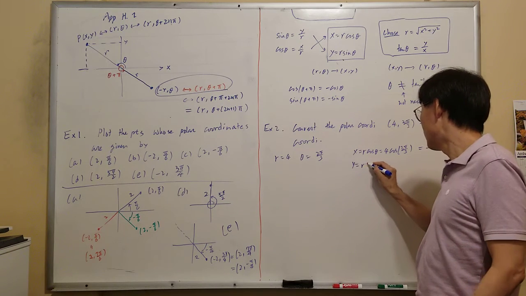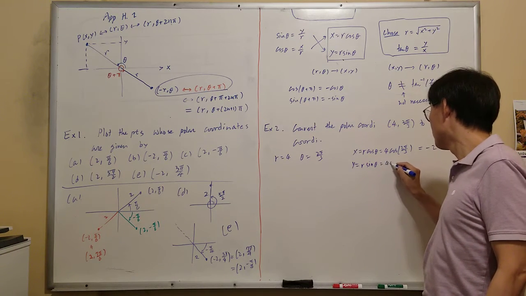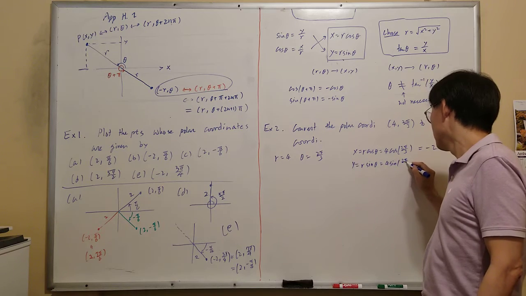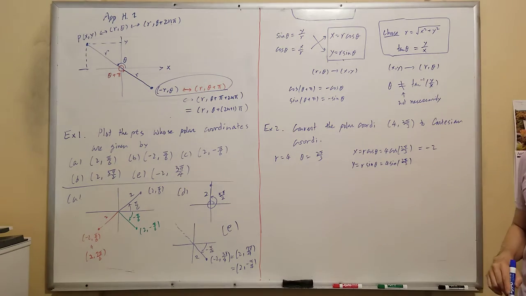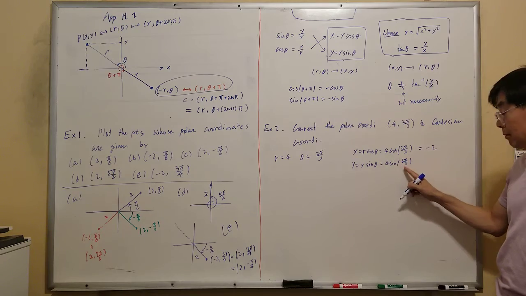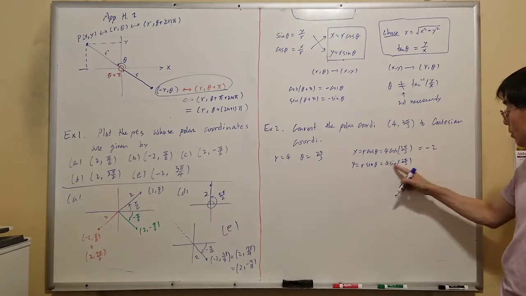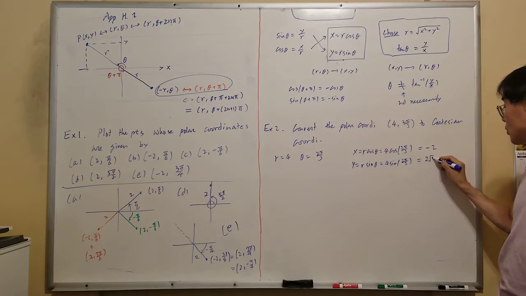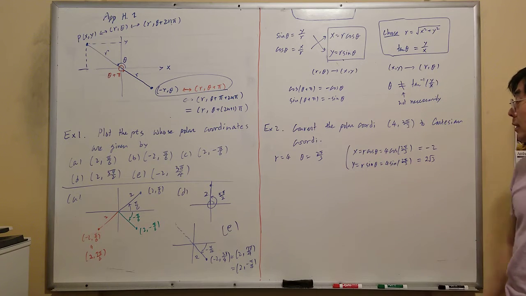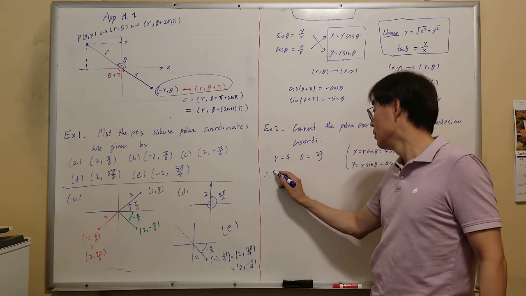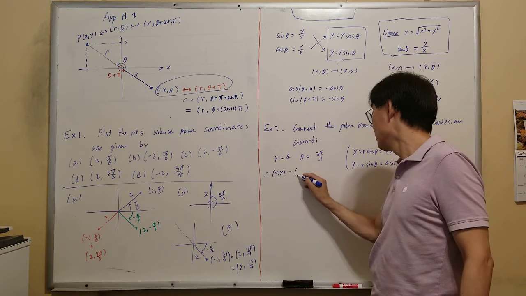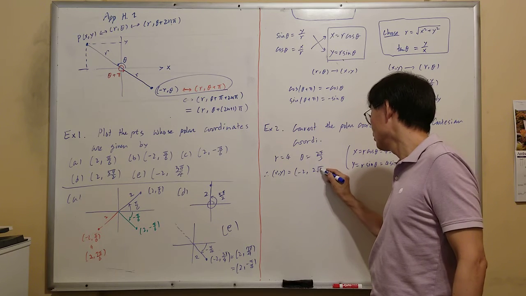And y equals r sine theta, 4 sine 2 pi over 3. In the second quadrant, sine is positive, so this is positive sine pi over 3, square root of 3 over 2 times 4, so 2 square root of 3. Okay? So your xy coordinate will be minus 2 and positive 2 square root of 3.